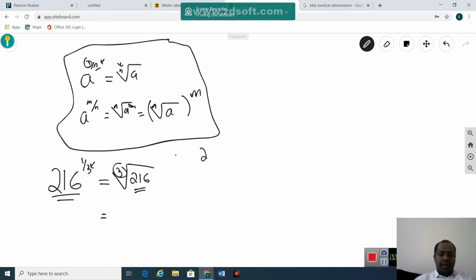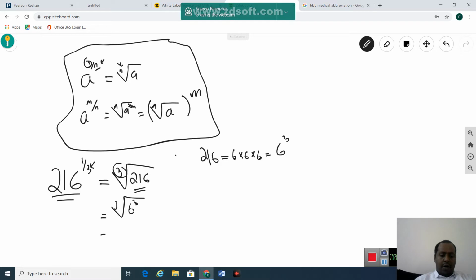When I write 216 as a power of 3, it's going to be 6 times 6 times 6, which is equivalent to 6 to the power of 3. Therefore, the cube root of 216 is the same as the cube root of 6 to the power of 3.